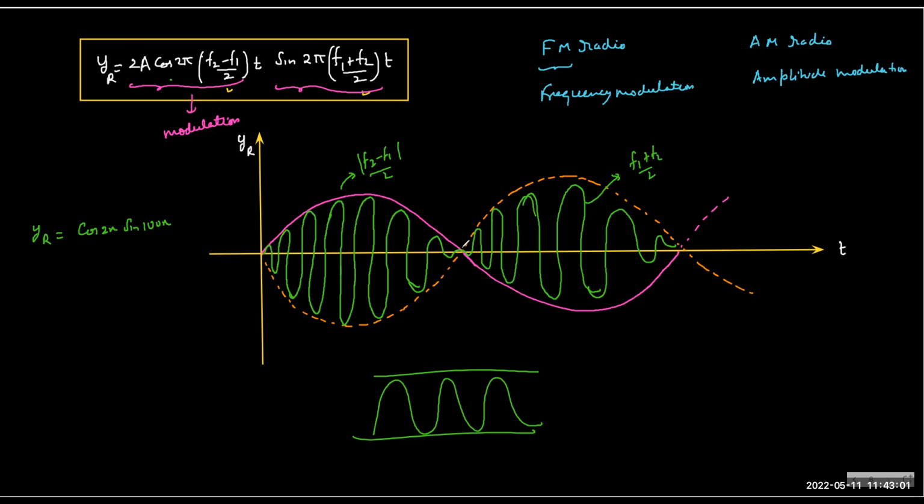You can see these are the points of minima, these are points of maximum. So the beat frequency is basically what? This interval is called the beat interval, or you can take it from minima to minima.